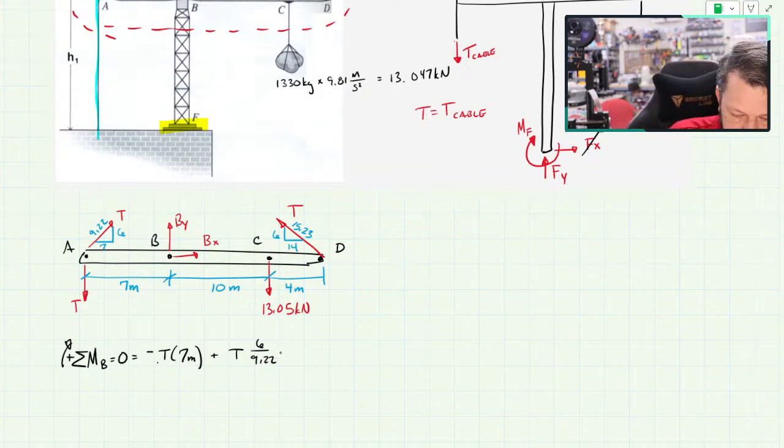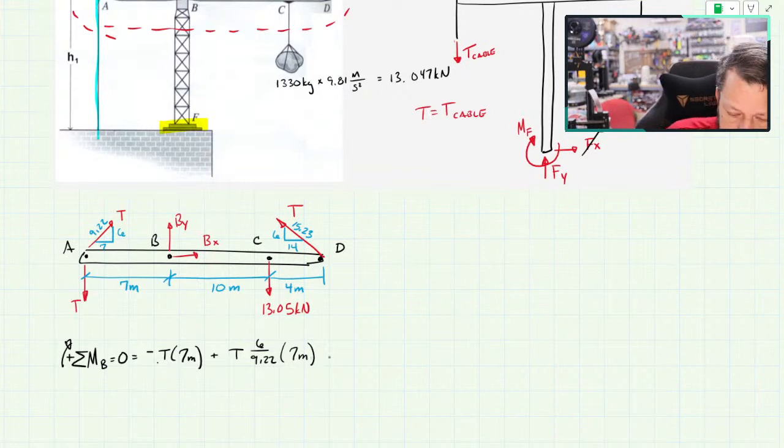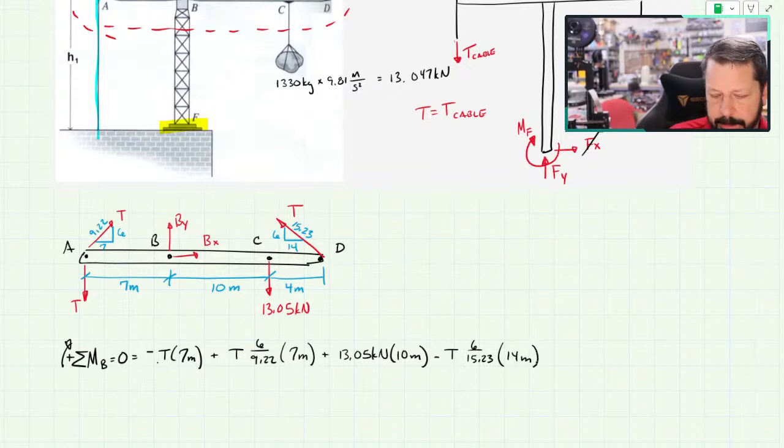That's times 7 meters. BX and BY, their lines of action intersect point B, so they do not create moments about point B. 13.05 kilonewtons times 10 meter moment arm, minus T, I only want the Y component, 6 over 15.23 times a 14 meter moment arm. All of that has to equal 0.